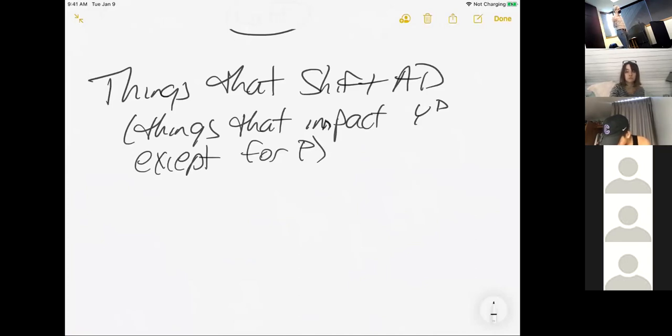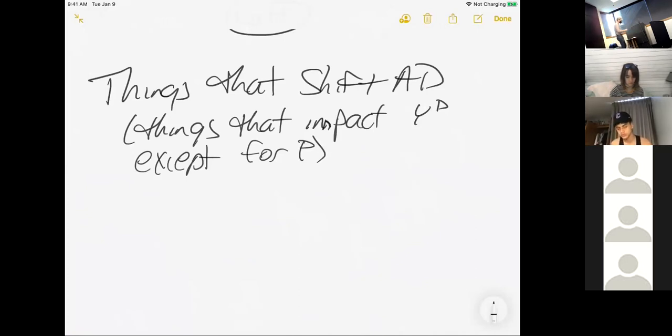There is one entity, clearly, that has a big role in shifting aggregate demand. What is that entity? Well, the Fed is one possible entity, right? Through monetary policy, through basically changing the supply of money and interest rates.